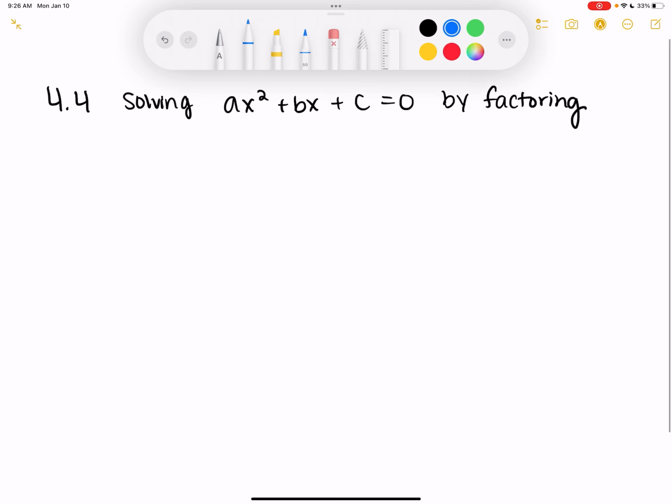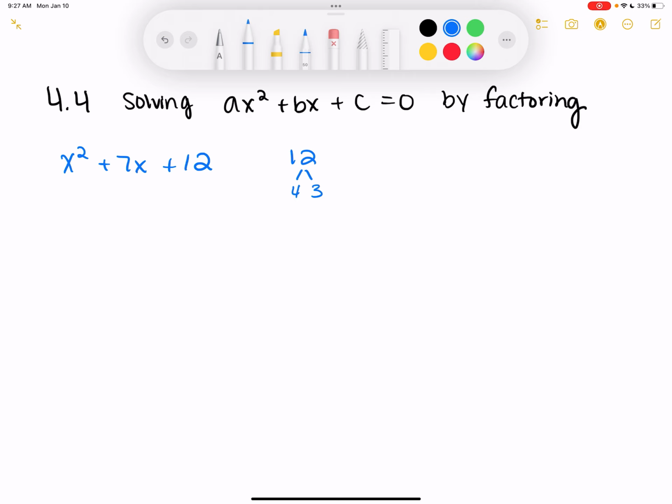Alright, so if you had something like x squared plus 7x plus 12, and I wanted you to factor this, we would look at the 12. We would figure out what factors of 12 add up to give you 7. So what would that be? 4 and 3.